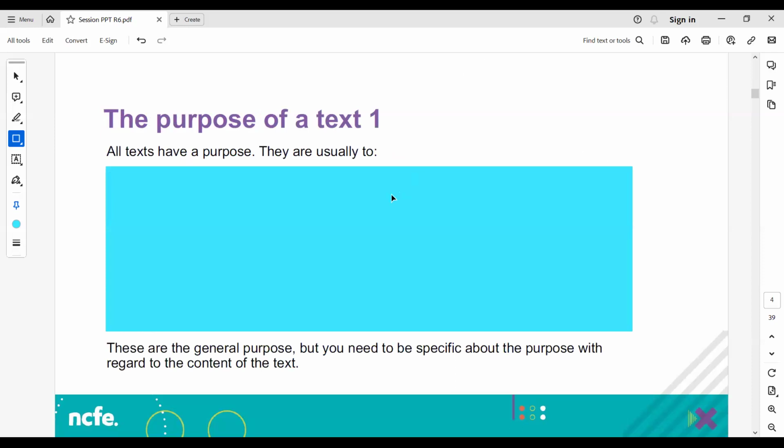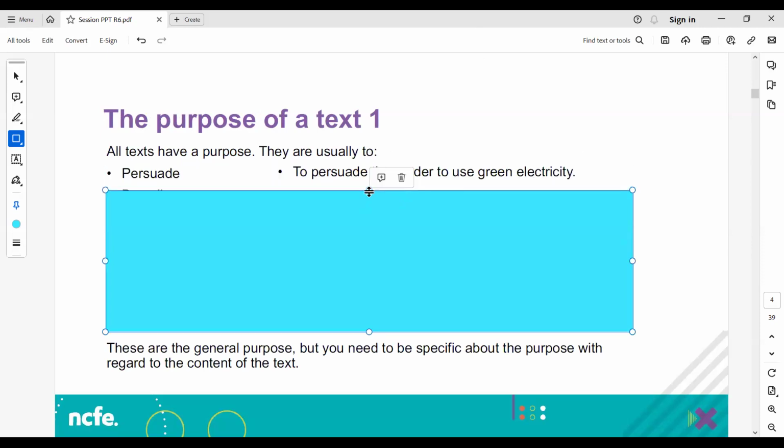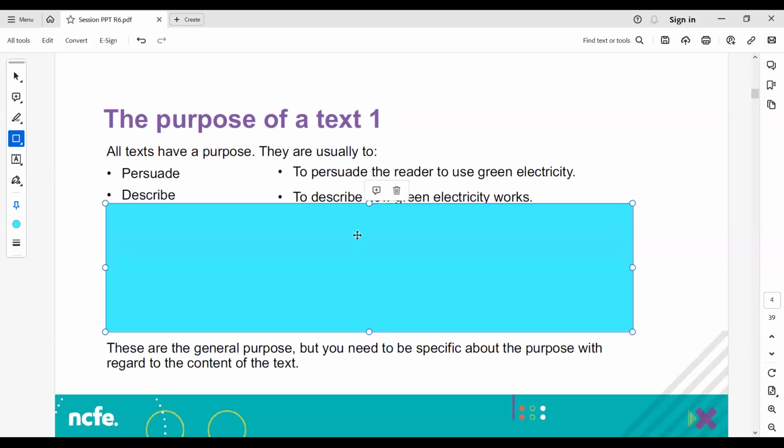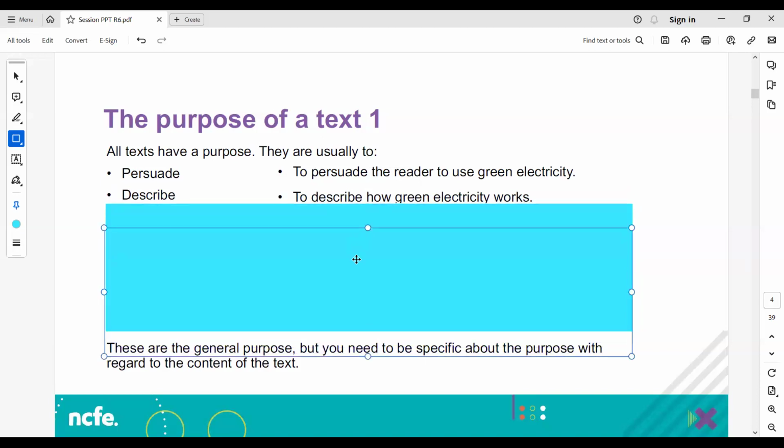So texts have a purpose. All texts have a purpose. They are usually to persuade. So it could be to persuade the reader to use green electricity, or it could be to describe. So in that text, it would be to describe how green electricity works.